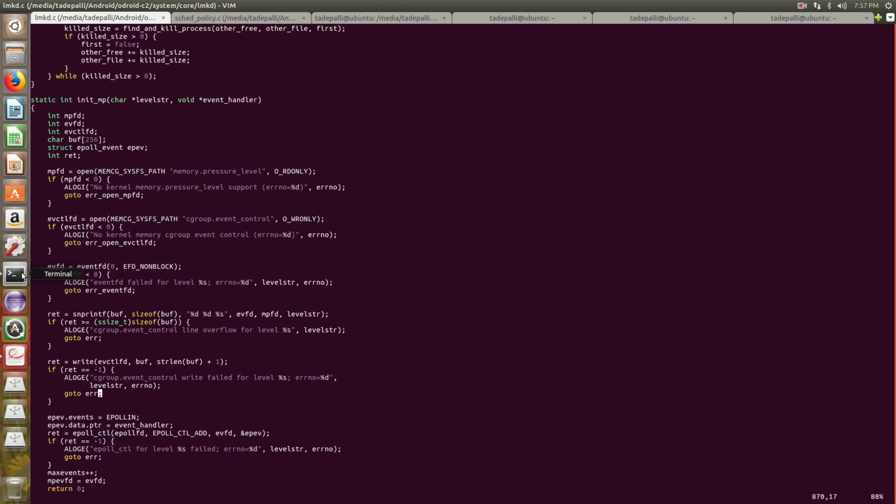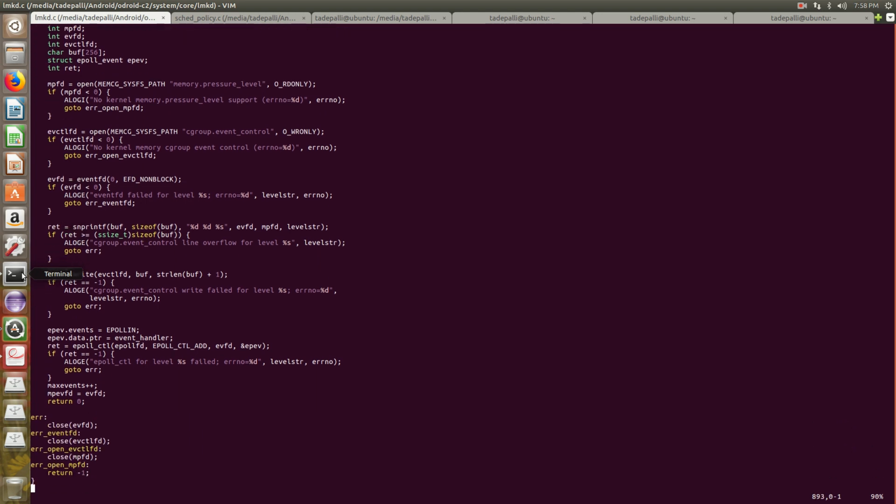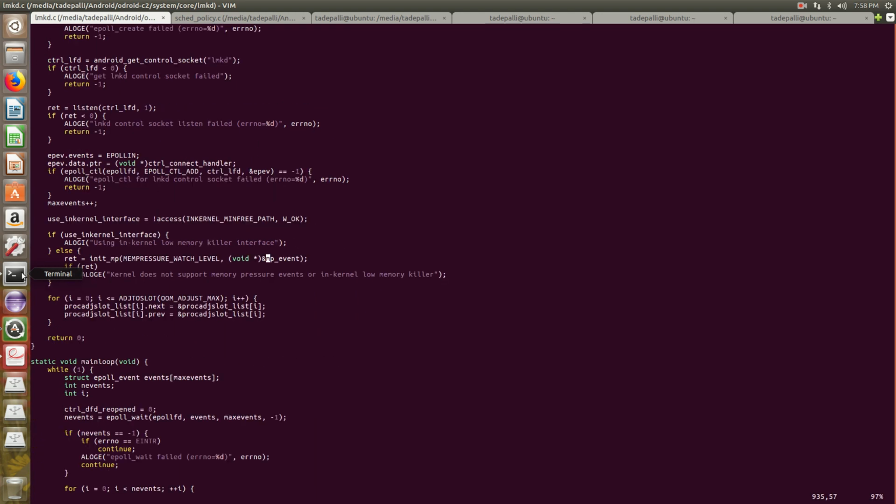With this, whenever the eventfd in the kernel gets triggered, you get to know that there is a memory pressure event, and then the memory pressure event handling kicks in. The mp_event function is what actually does that, and you can see that.